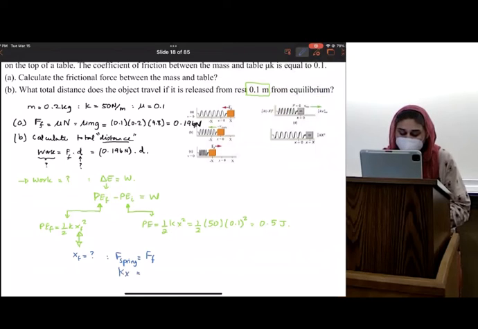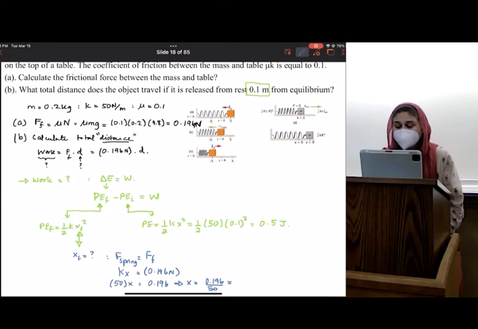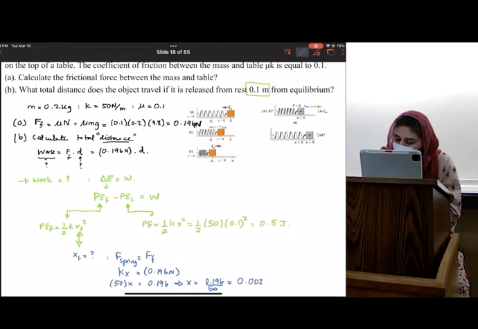And what is my frictional force? 0.196 that I get from part A. And what was my k? 50. kx equals 0.196, which will give me my x to be equal to 0.196 divided by 50, a tiny number. 0.00392. Oh, meters. Thank you.